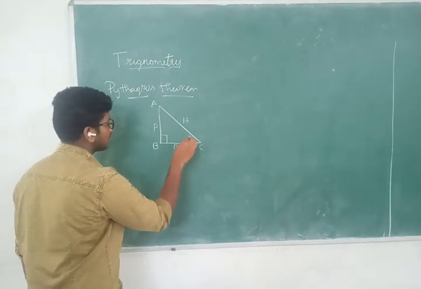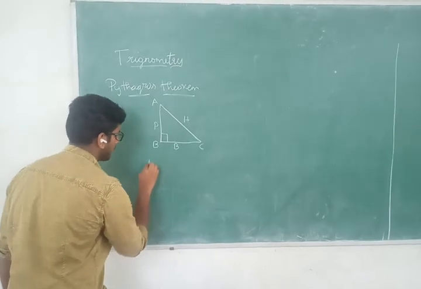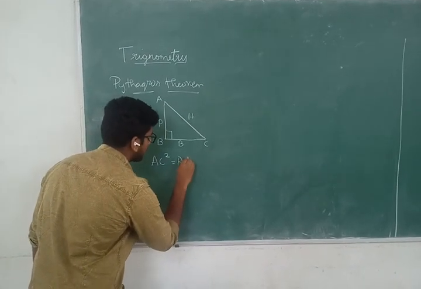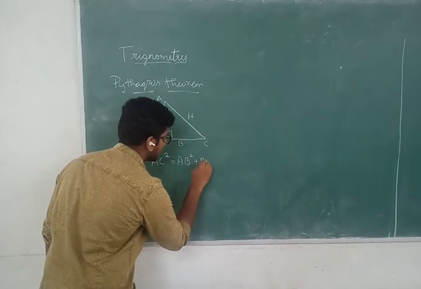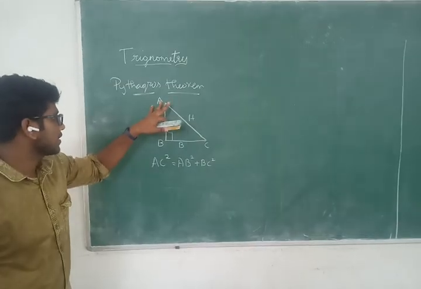So if you want to know the side AC, AC square equals AB square plus BC square. This is the formula to find this side.